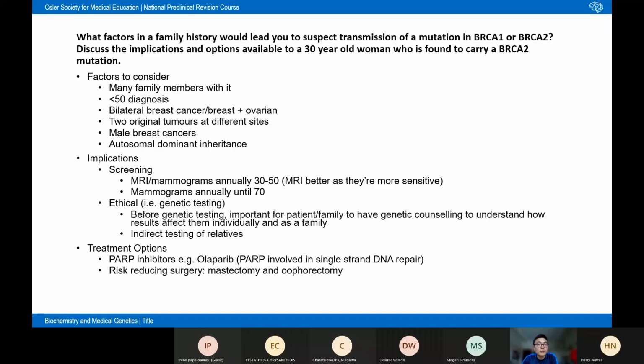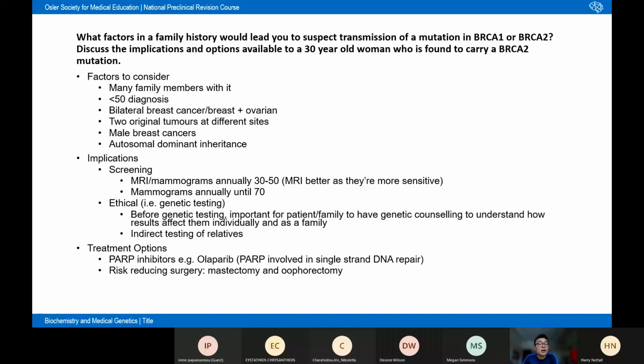And so normally what happens is the BRCA mutations are involved in homologous recombination in double-strand breaks. And if a cancer cell has a BRCA mutation, it will then rely on the PARP pathway to survive. So if we can then knock out the PARP pathway too, this idea of synthetic lethality occurs, whereby we've knocked down both of the critical DNA repair pathways. That means that the tumor cells are no longer viable.